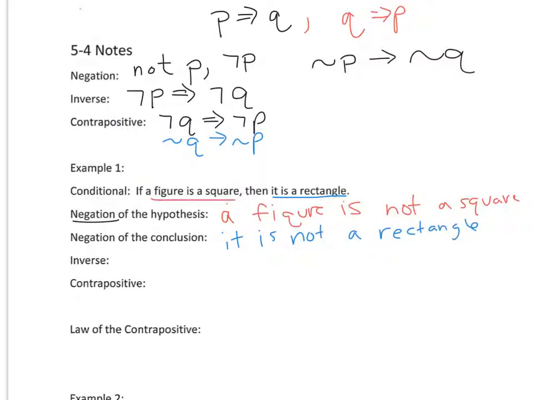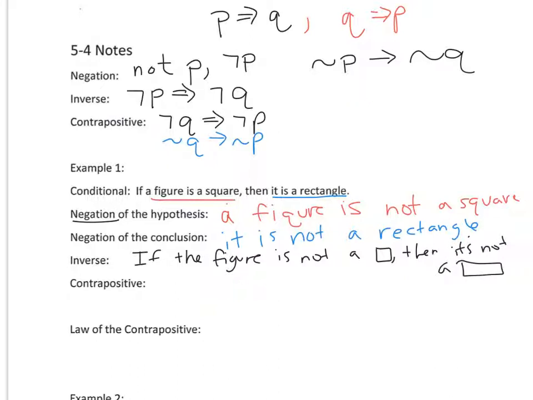If I write the inverse, if I have the conditional as if a figure is a square, then it is a rectangle, my inverse would be if the figure is not a square, then it's not a rectangle. And the contrapositive is flip it backwards.